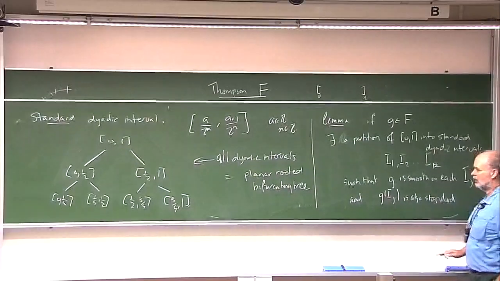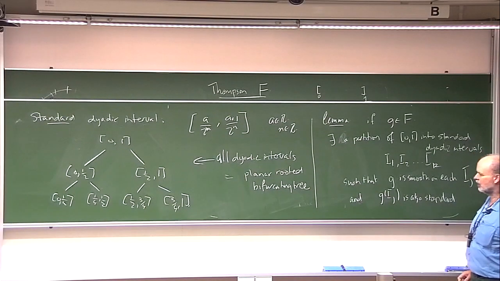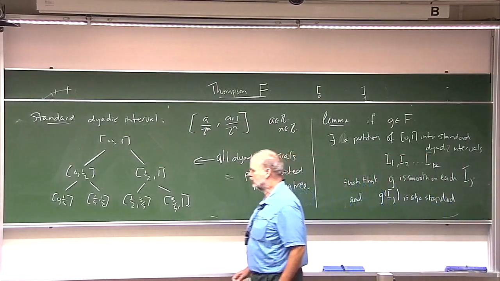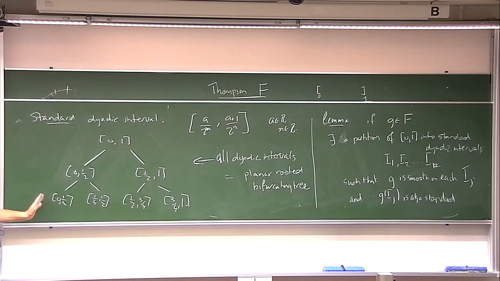Okay. So it's just a question of making a large enough subdivision until this happens. It's not very hard to prove. Obviously, you can arrange for the dyadic intervals to have constant slope. That's true because it only has finitely many different slopes, so you can subdivide.